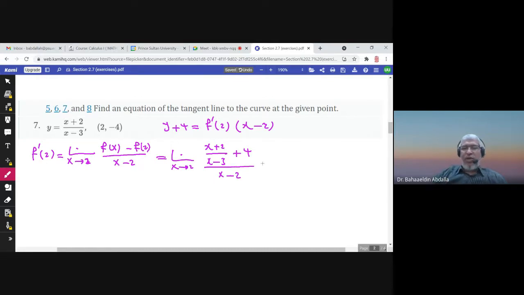So I will do it like this. I will take 1 over x minus 2 outside, and I have here x plus 2 times x minus 3 plus 4, which I need to add.